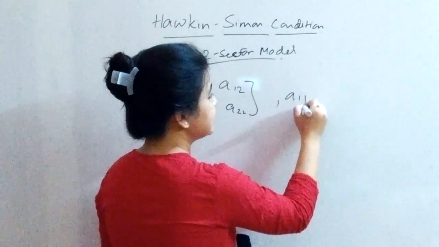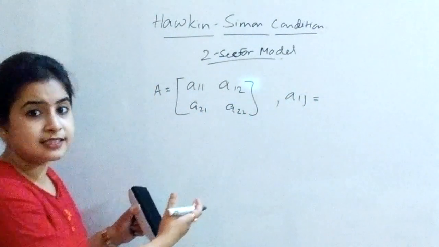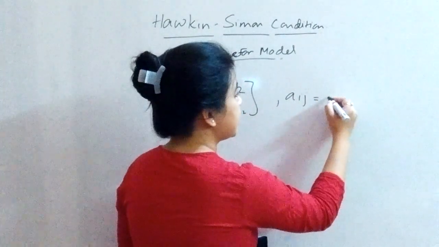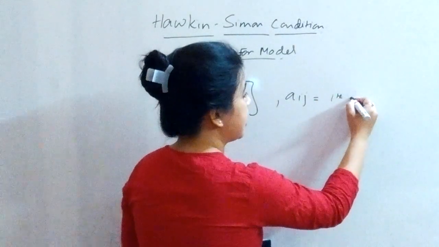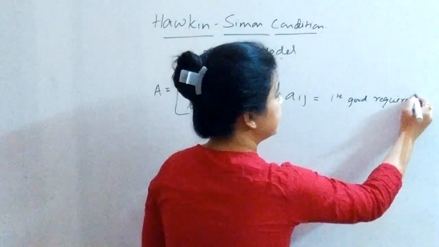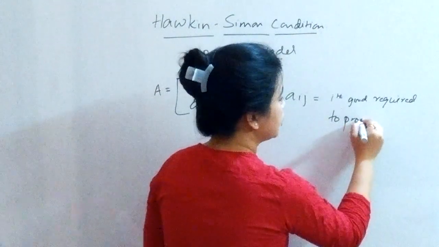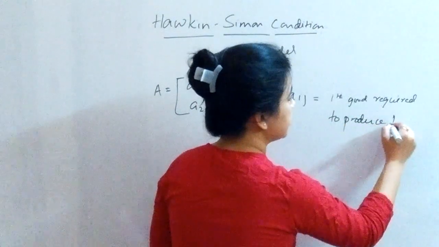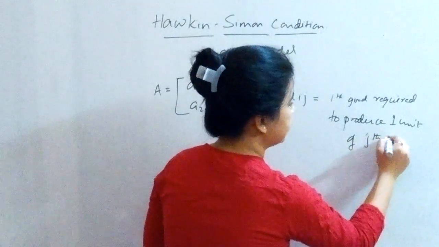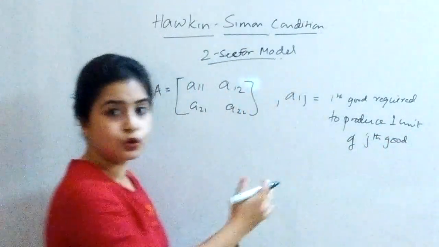If I want to generalize this, what does this Aij exactly imply? It says how much of the ith good will be required to produce 1 unit of the jth good.